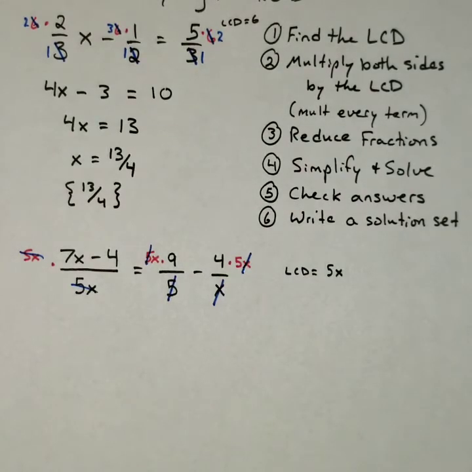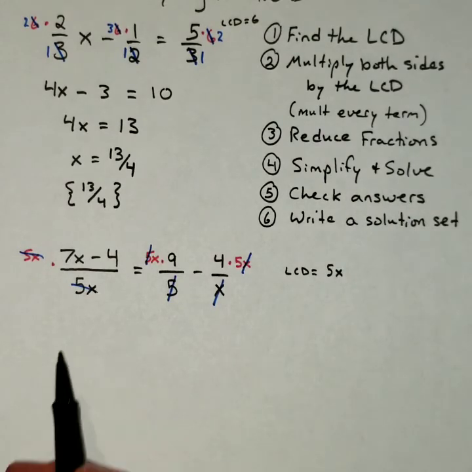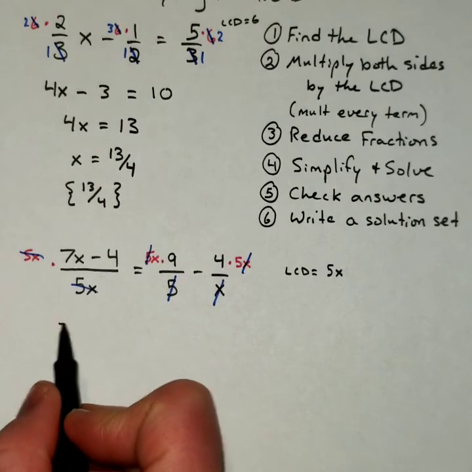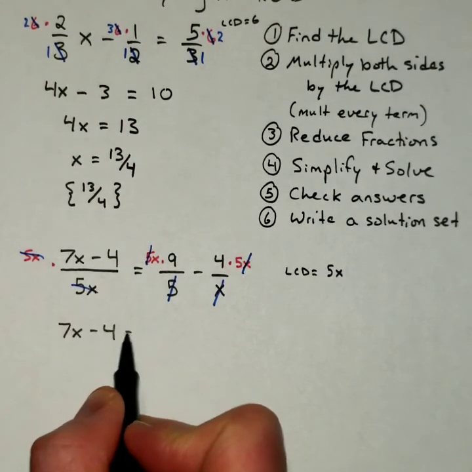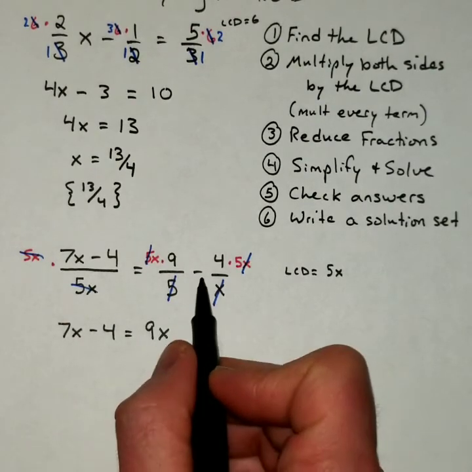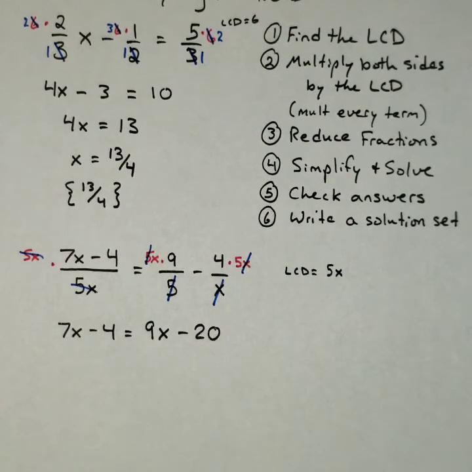Okay? And so when I go through and simplify and solve, this first fraction just becomes 7x minus 4. The second fraction is 9x. And the third becomes just a minus 20, right? 4 times 5. Everything else canceled off. And from here we just need to solve.